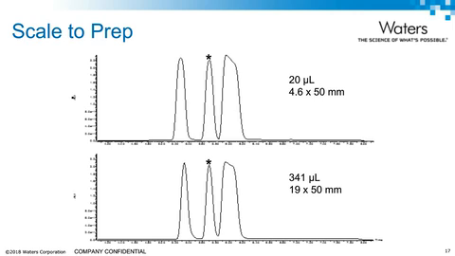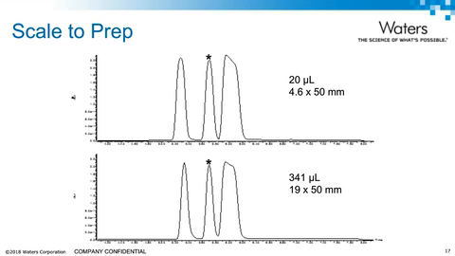What are the rules? We use the same chemistry and appropriately scale the gradient, the flow rate, and the injection volume. We don't want any surprises when we go to prep, so if we follow the rules, we should see exactly the same chromatography.